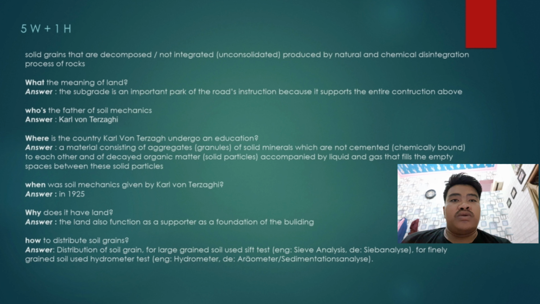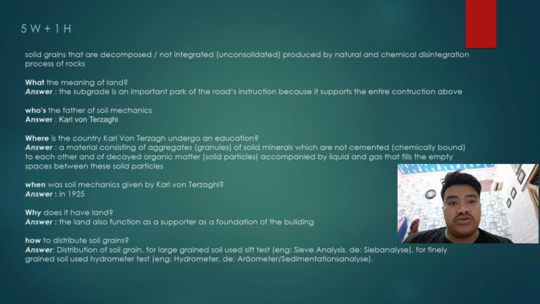When was soil mechanics given by Karl von Terzaghi? Answer: in 1925. Why does it have land? Answer: the land also functions as a supporter, as a foundation of the building.